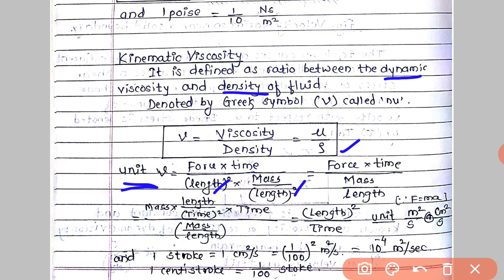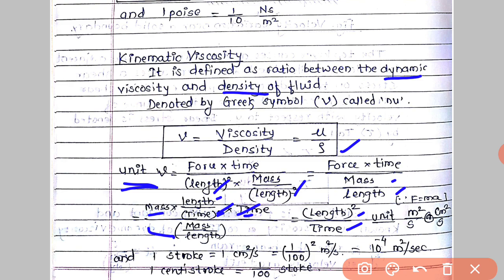So force into time upon mass upon length will remain. What is force? Force is equal to mass into acceleration, that is, mass into length upon time square, into time. So this time and one time get cancelled, divided by mass upon length. So this length goes in the numerator. So length square upon time.